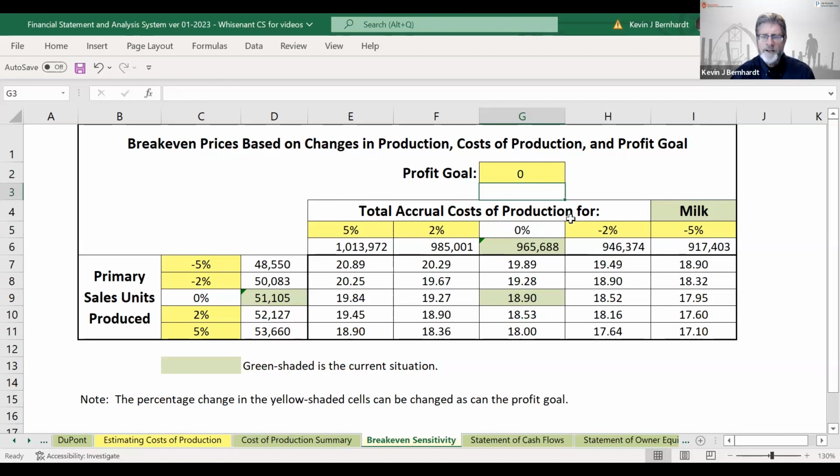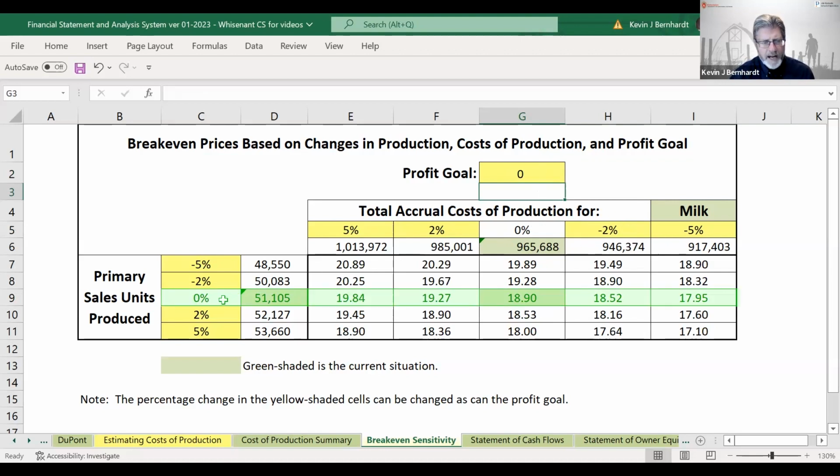The other thing we can do is look at, well, what if I reduce my cost of production? And it's not by a dollar amount, it's by a percentage. So the only cells you want to enter any information into are the yellow shaded cells. So let's assume that I want to check what would happen if I reduced my cost of production by 2%.